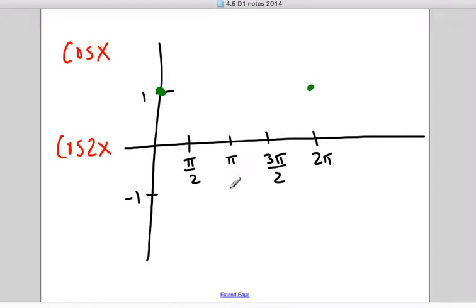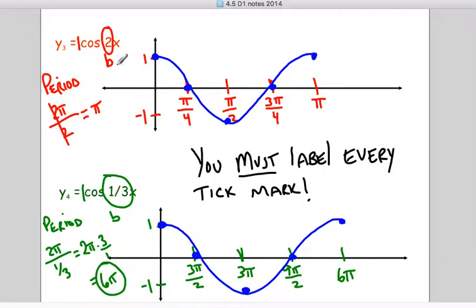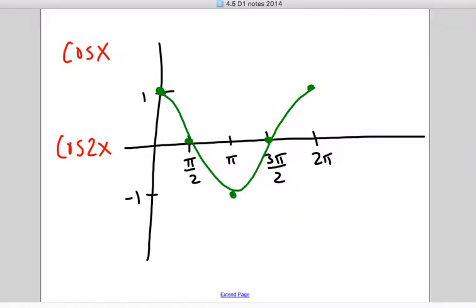Starts and ends up at 1, halfway in the middle dips down to -1, crosses through 0, so it looks like that. Do you remember back when we did cosine 2x, how the period was pi? This U shape had to fit in the span from 0 to pi, between here and here. So we had 4 tick marks, 1, 2, 3, 4.